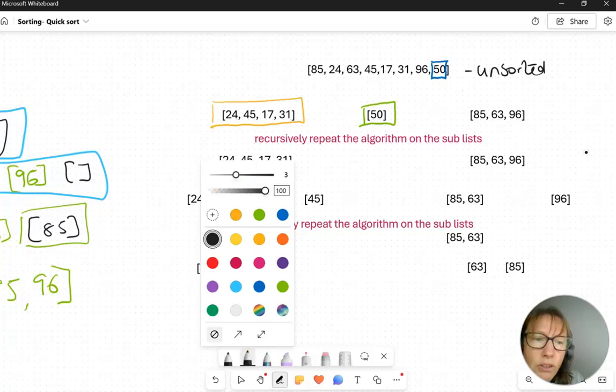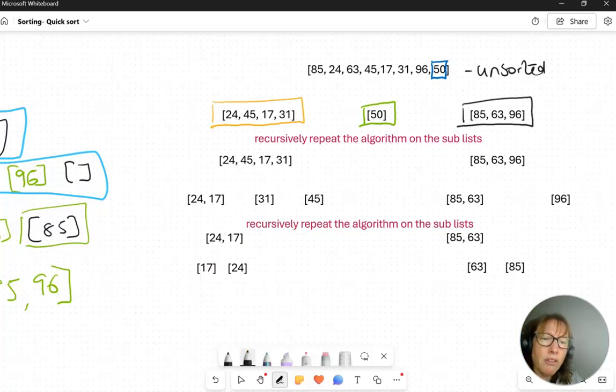And all of the values greater than or equal to the pivot value are stored in this list on the right hand side. Now obviously we'll look at code on Monday for how we're going to do this, but for now it's suffice to say we take our pivot and this comes out into here, the pivot.